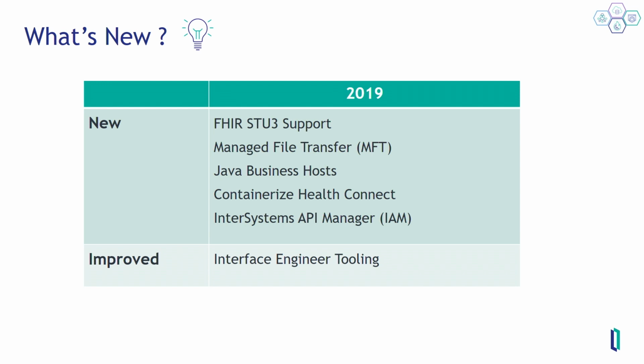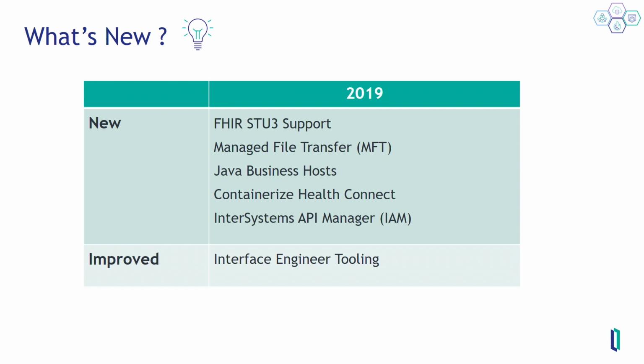So here is a list of notable features that are new in 2019. Most of these are already part of the 2019.1 release of Health Connect, except for the InterSystems API Manager. This is completely new, and this is included in the 2019.1.1 release. In addition to these new features, we have what we call interface engineer tooling.